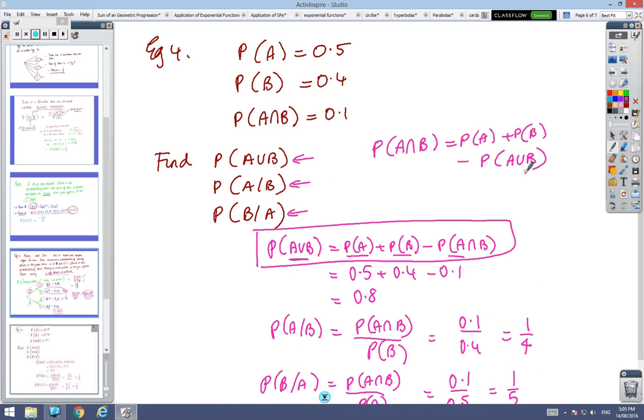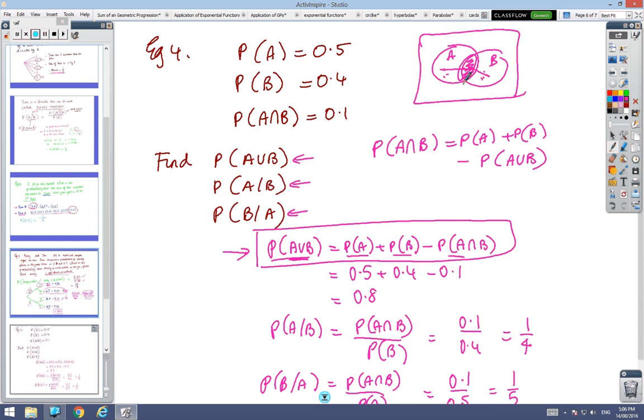If you had a Venn diagram with A and B, and you want A or B, you add A, you add B, and then you subtract the overlap, because you're counting it twice. So this one applies with Venn diagrams. If you want A or B, you add A, you add B, and you subtract the double up, which is in the middle.